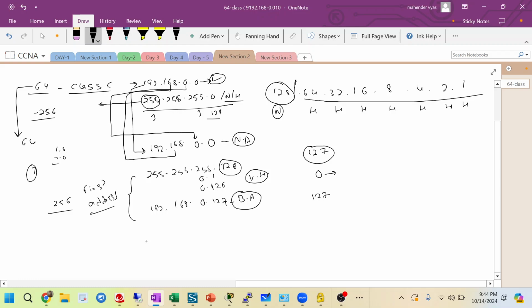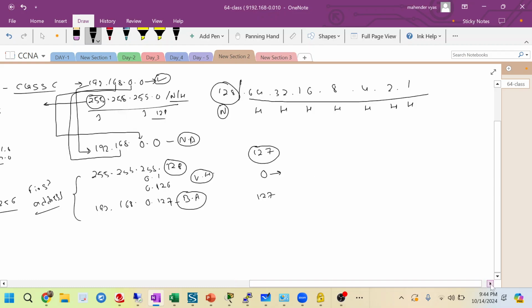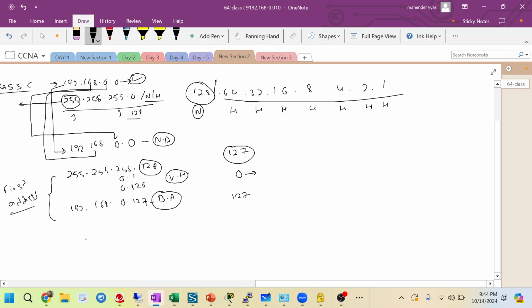If we continue, see, this is what we received. Now I need to find the second address range. We already used 0.0 to 0.127. Our requirement is again 64, so we cannot use this range again.